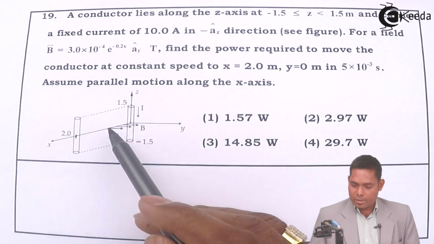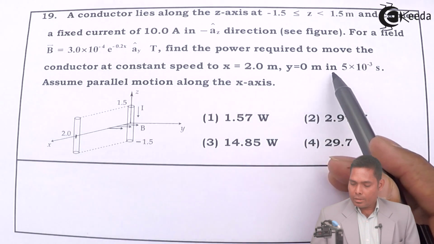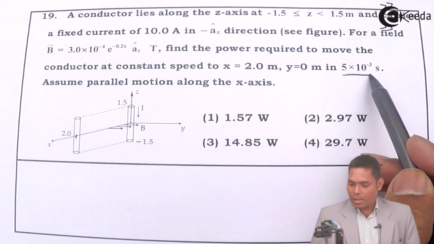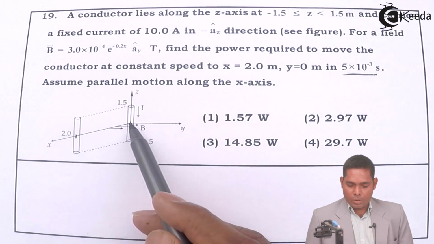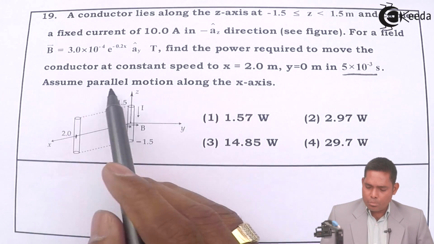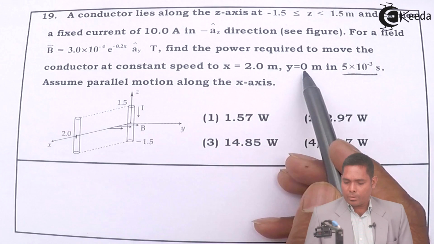Along this x-axis it is moved parallel, and this is the time taken for the rod to go from here to here. Assume parallel motion along the z-axis. Obviously this is parallel motion because the y coordinate is 0.